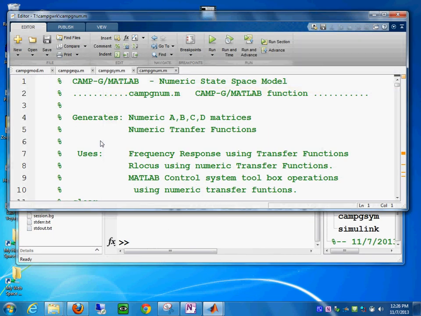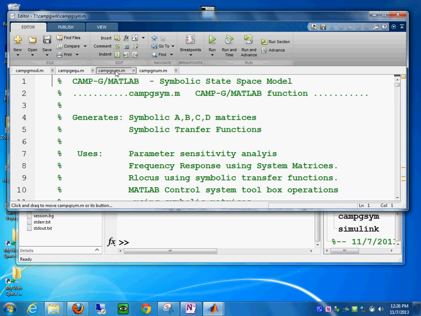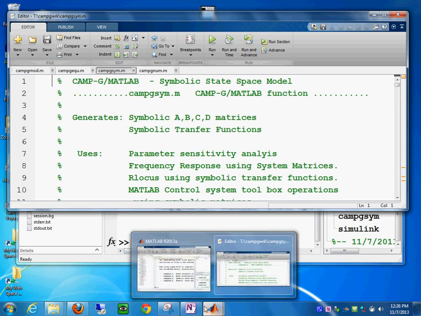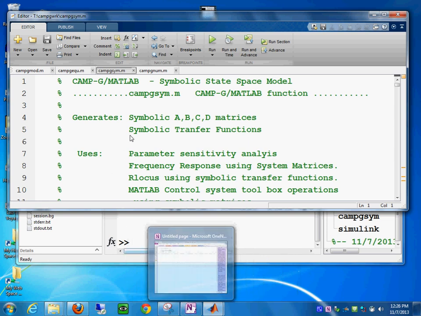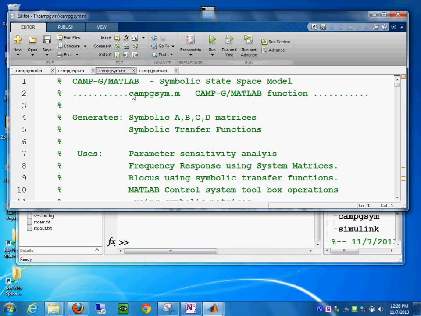Just remember that this bond graph model will relate to these files that CAMPG just produced. The file for the state space form is the CAMPG SYM file, so we are going to use this to produce the state space form.